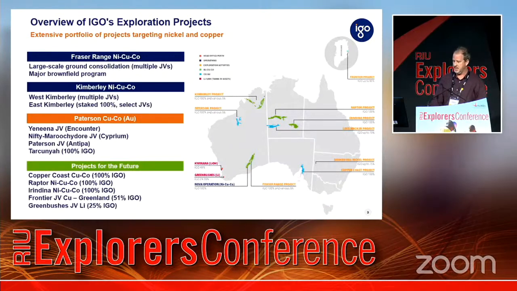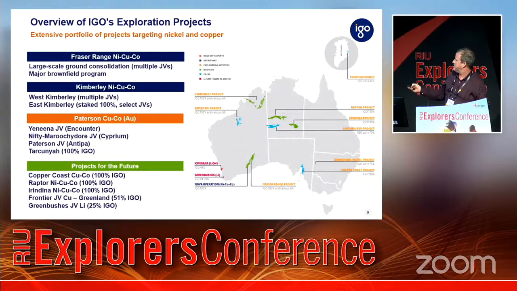So you can see we have massive, extensive holdings. Obviously, our main focus is still the Fraser Range, where we have our Nova deposit. Everything in green is our nickel projects, and I'm going to be talking about basically the AFO and our Kimberley projects. More conceptual are the areas in Central Australia, and then those highlighted in blue are our copper projects.